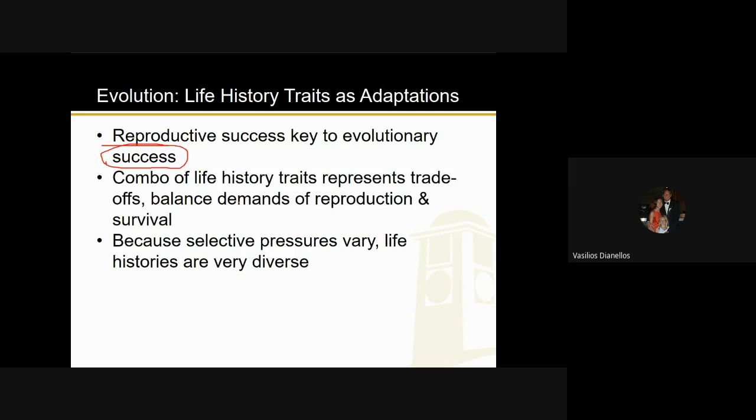Anyway, the combination of life history traits represents trade-offs and balanced demands for reproduction and survival. Basically, because selective pressures vary, life histories are very diverse too. So again, just think about humans. It's more complicated because humans typically don't reproduce when we're first able to.